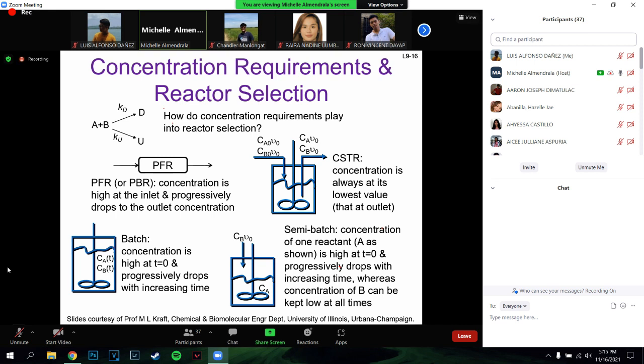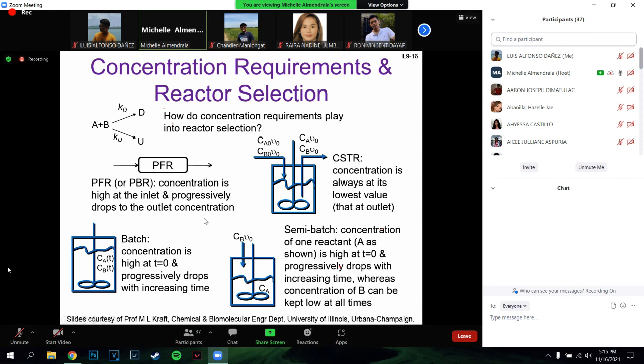So the maximum concentration of the reactant will be at the entrance, where the conversion is still zero.